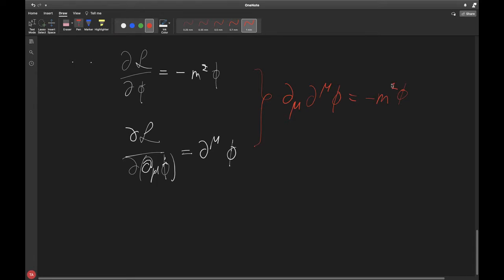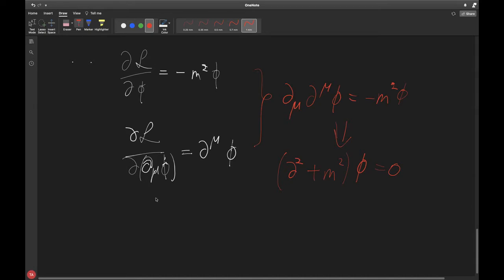And if I rearrange this, then we have the del squared plus m squared acting on the phi, leading to 0. So now we have the Klein-Gordon equation. It was really the outcome of this simplest try we had for the Lagrangian, which had an m term.